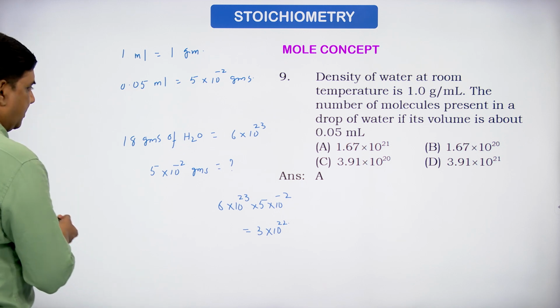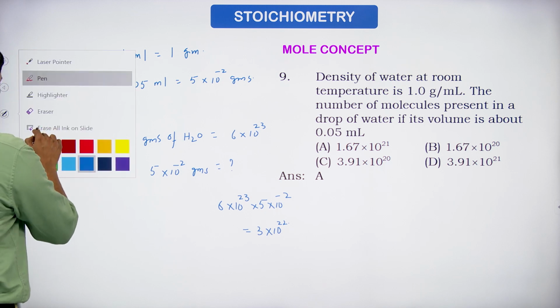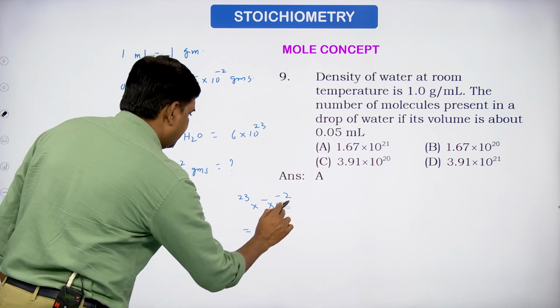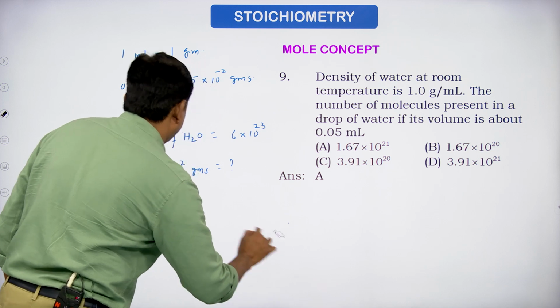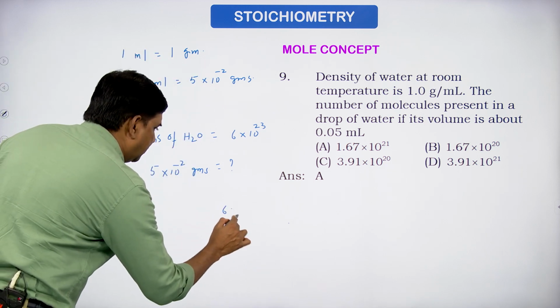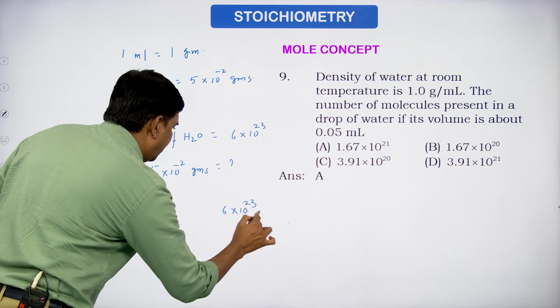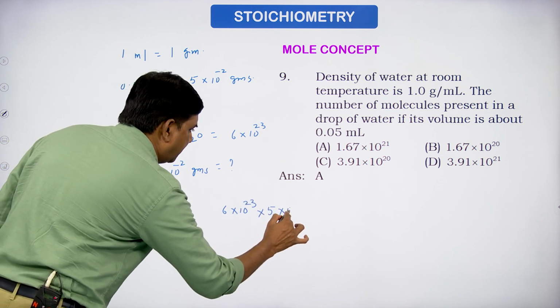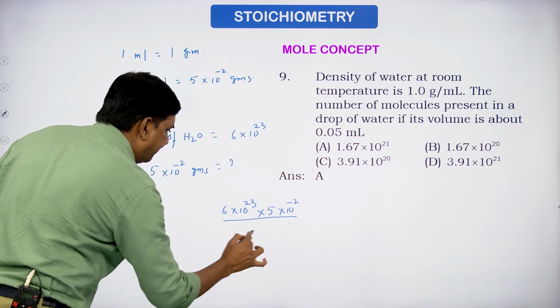Sorry, one second, simple calculation mistake. This can be done as 6 into 10 power 23 into 5 into 10 power minus 2 by 18.